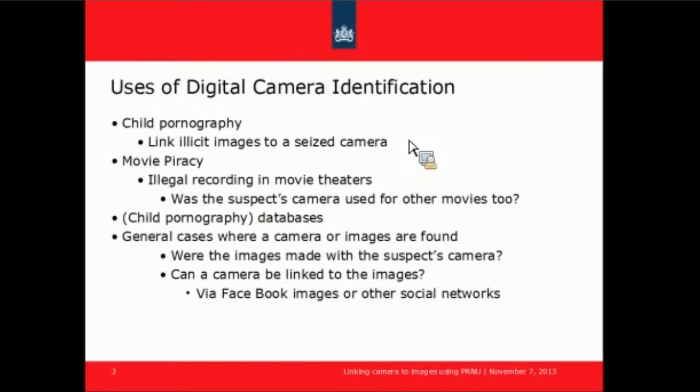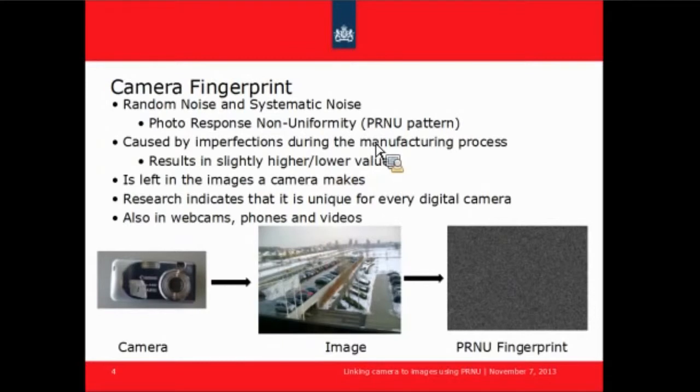How does this work? Well, each camera, when you take an image, leaves random noise and systematic noise in the image. A part of the systematic noise is photo response non-uniformity. You can extract this noise, we call it PRNU pattern, and it serves basically as a fingerprint for the camera.